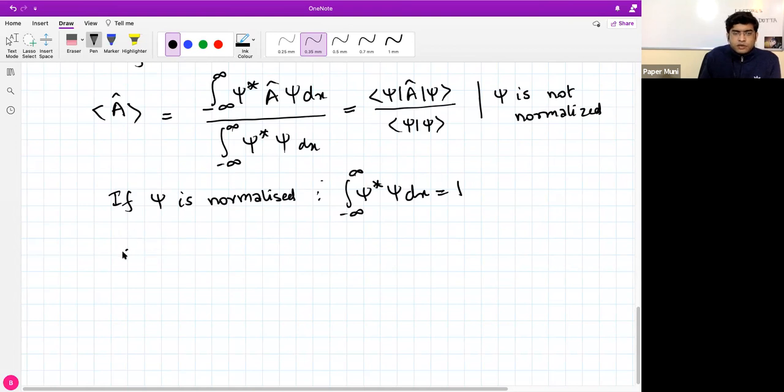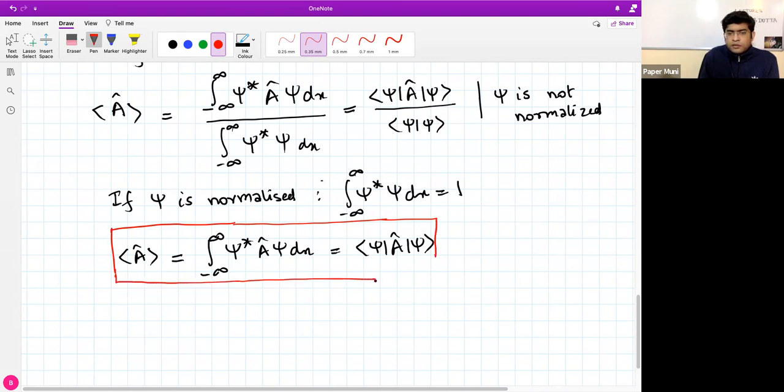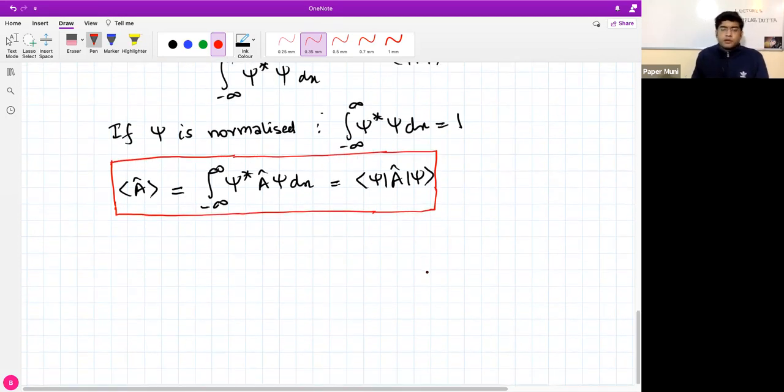If this is true, then you can write the expectation value of A with respect to a normalized wave function simply as integral of psi star A psi dx, which is equal to psi A cap psi. So this is how it's defined, if you want to remember it.